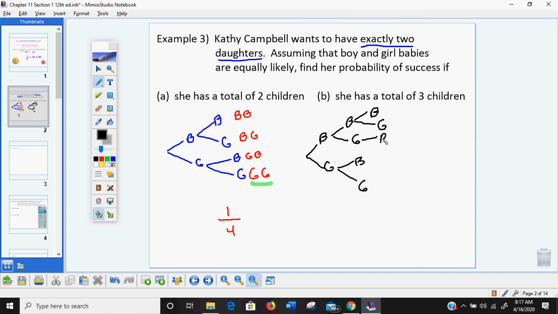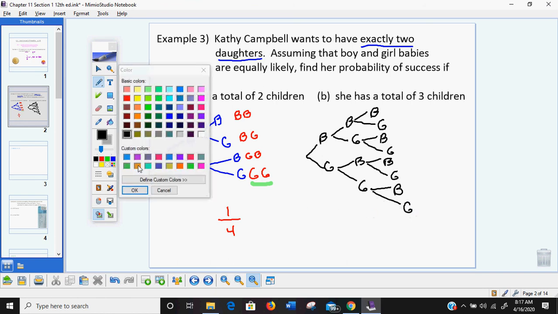This one, boy or girl. Running out of room here. This one could be a boy or a girl. And down here, this one could be a boy or a girl. So now let's follow the tree across and get all of our possibilities.